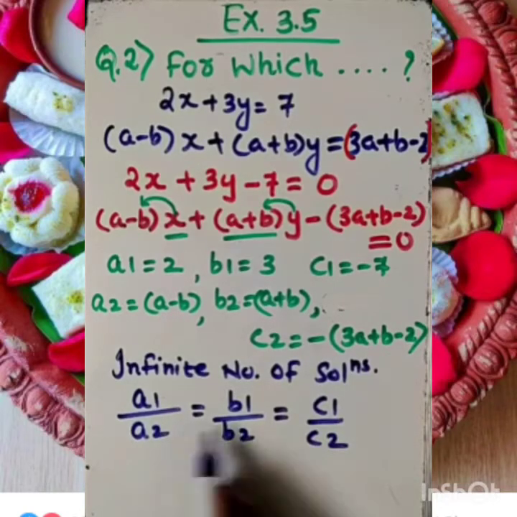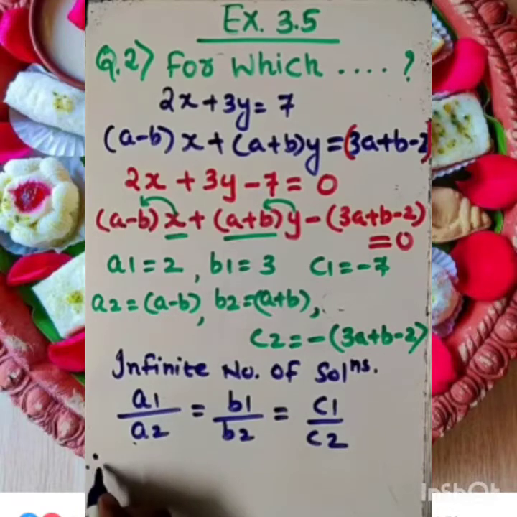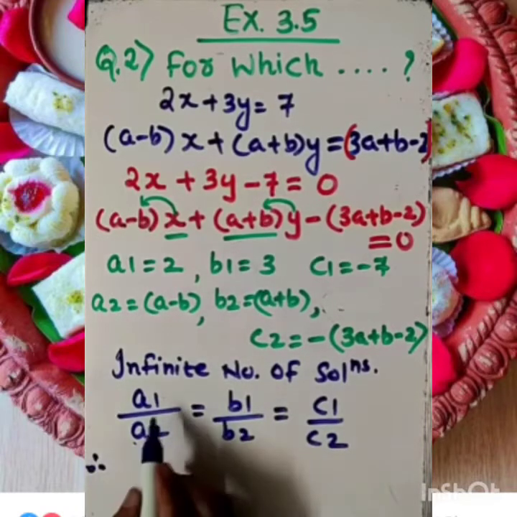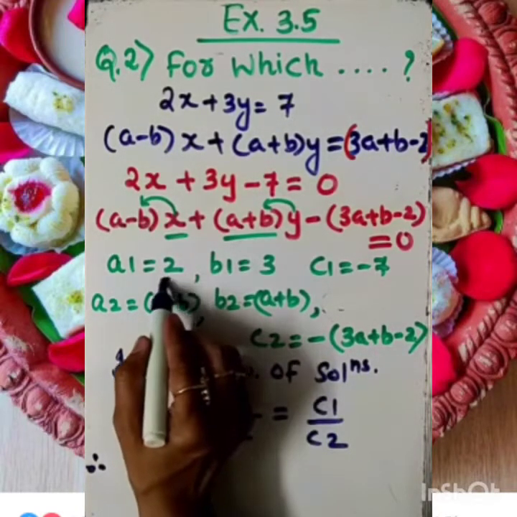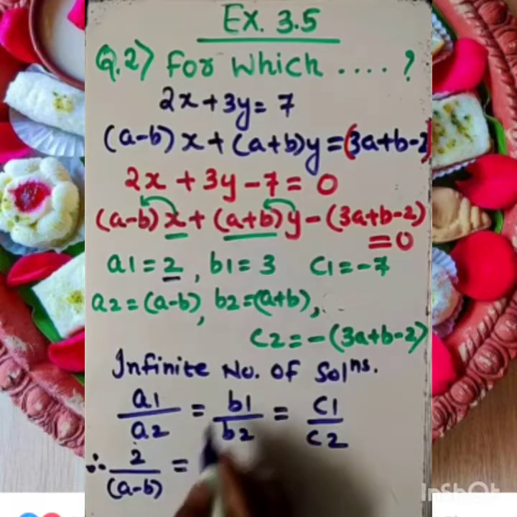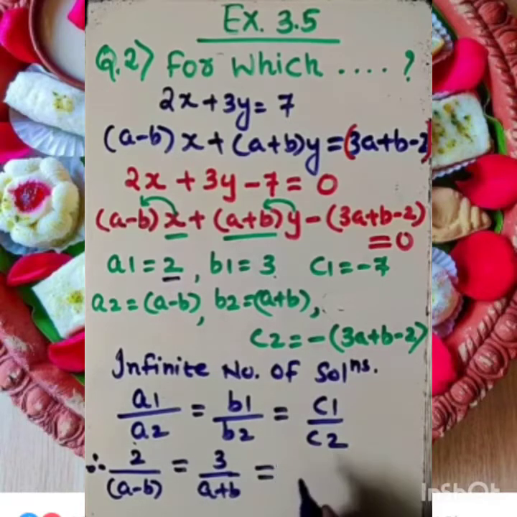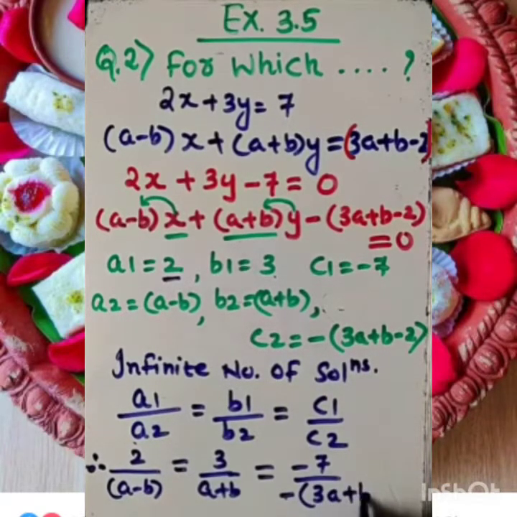The ratio of all these three must be equal. Therefore, let's substitute the values. a1 is 2, so here 2 upon a minus b, equal to 3, that is b1, upon b2, a plus b, equal to minus 7 upon minus (3a plus b minus 2).